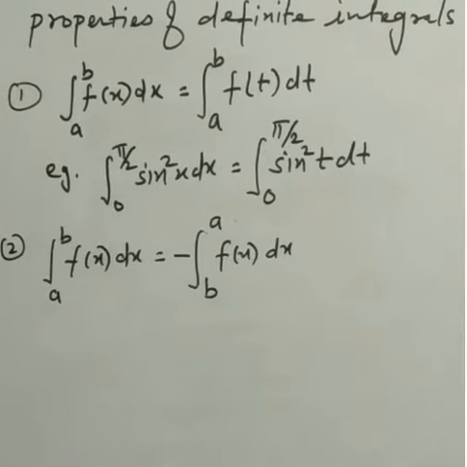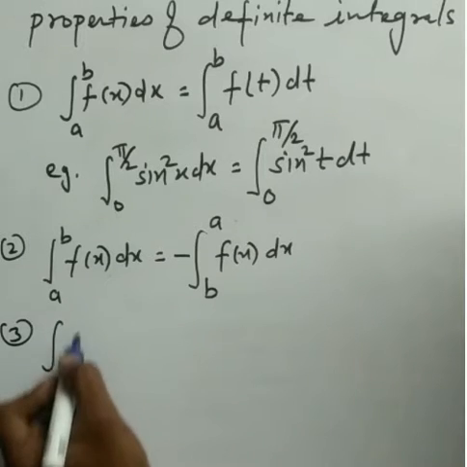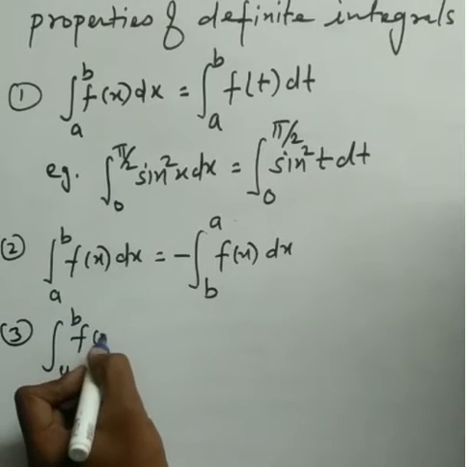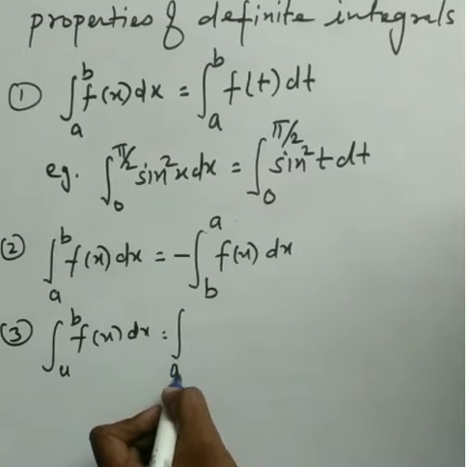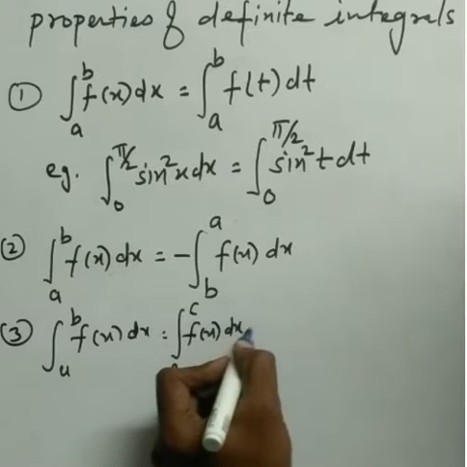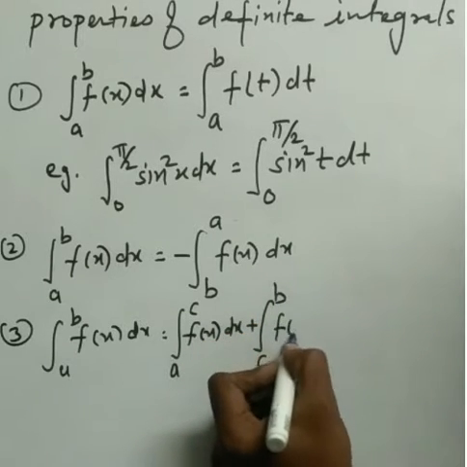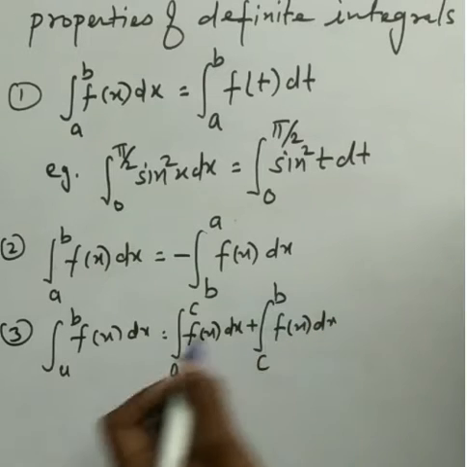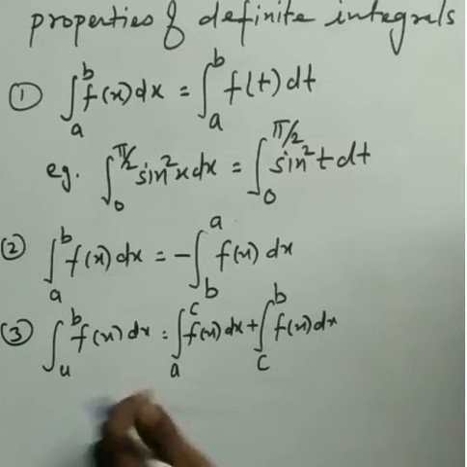According to the third property of the definite integration, integration of a to b f(x) dx can be written as a to c f(x) dx plus c to b f(x) dx, where c is a value between a and b.